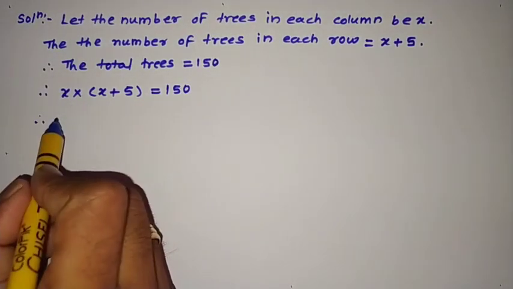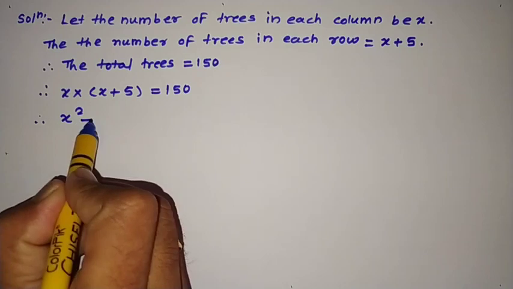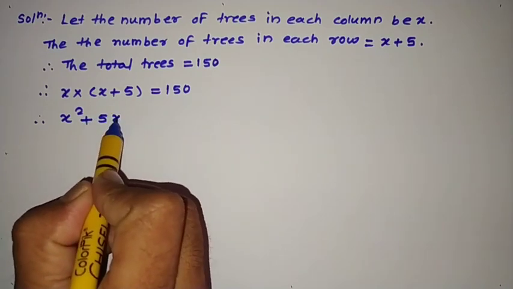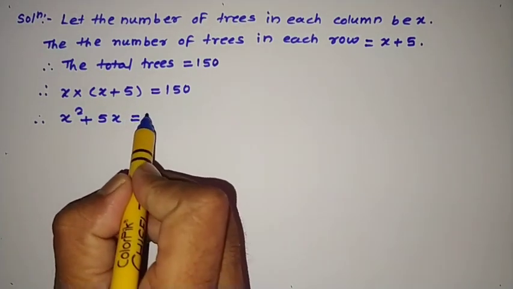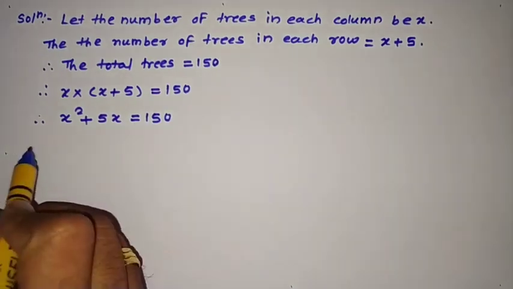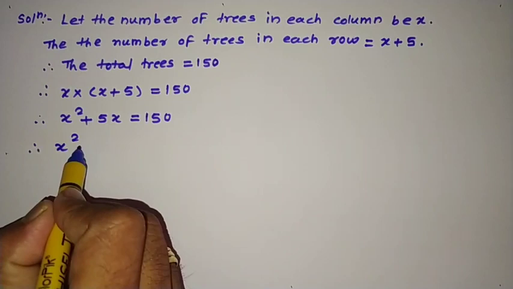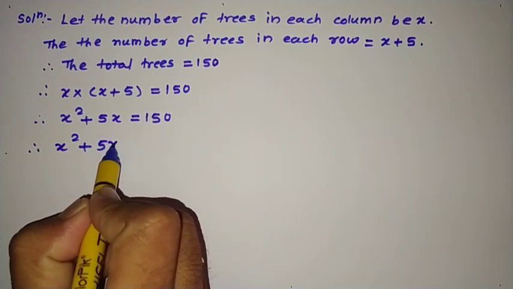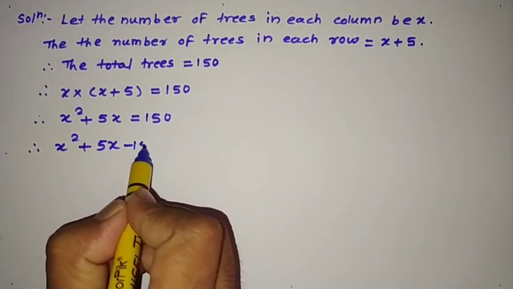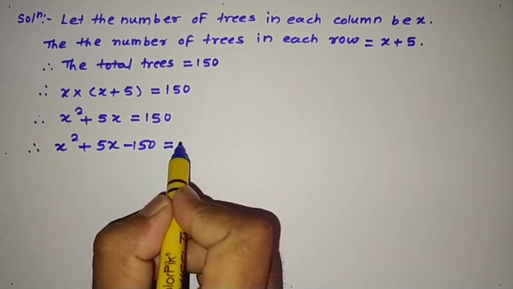Multiplying by x, x square plus 5x is equal to 150. Therefore, x square plus 5x minus 150 is equal to 0.